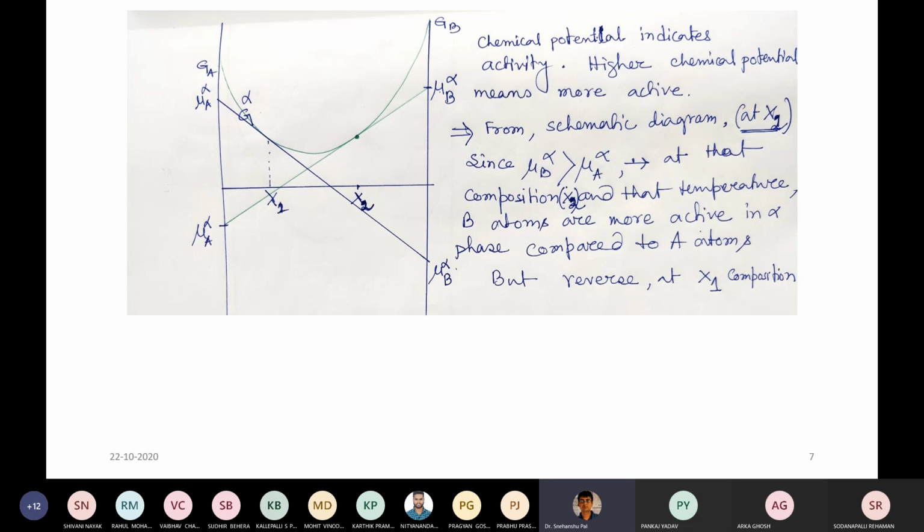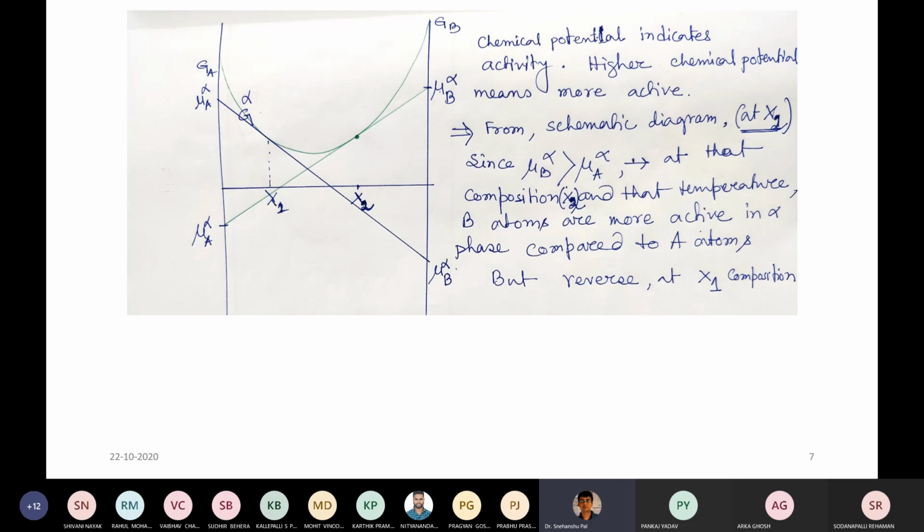It is not that only A or only B is present. One side is pure A and the other side is pure B. In between, there is a composition change, so both elements will be present. Now we have to find out, for a particular composition, what the chemical potential of that particular element will be.